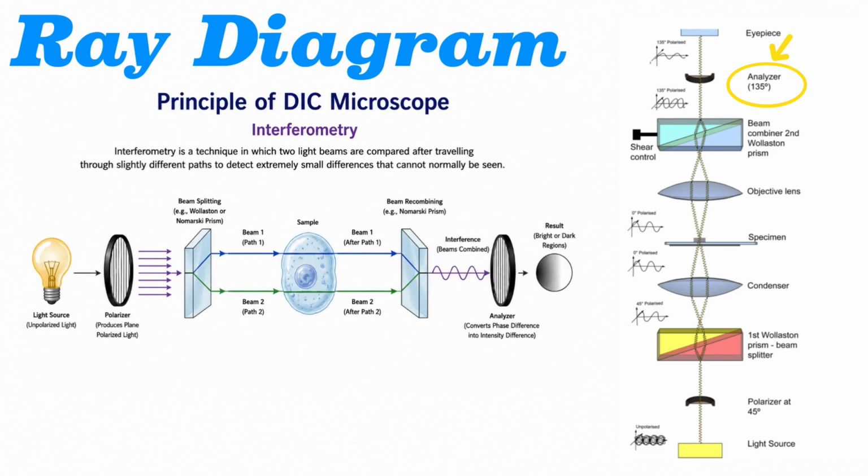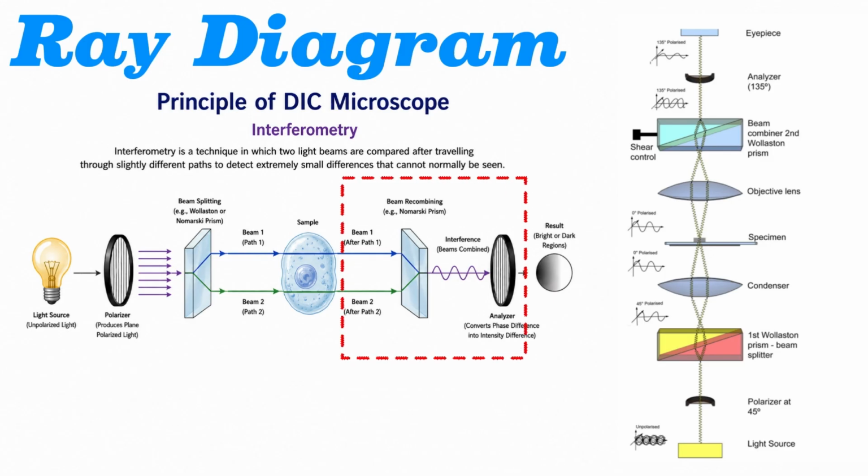The recombined light then passes through another polarizing filter called the analyzer. An analyzer is a second polarizing filter that converts the invisible phase differences between the two light beams into visible differences in brightness. At this stage, the two light beams interfere with each other. Interference is the interaction of two light waves when they meet.